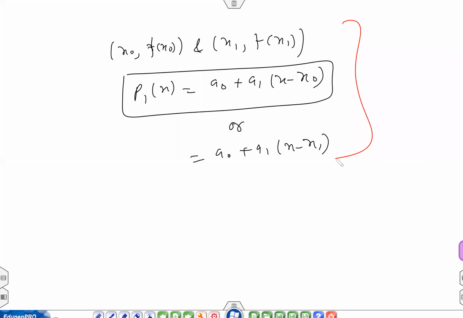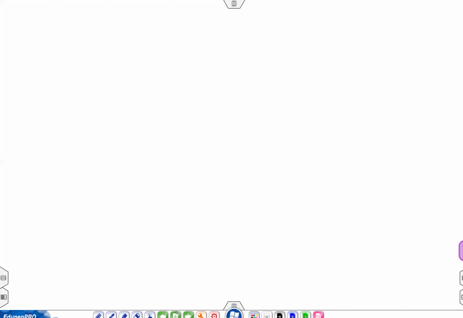Okay, now let us do one problem, then it will be more clear how to solve a question with the help of Newton divided difference formula. So tabular form of Newton divided difference.